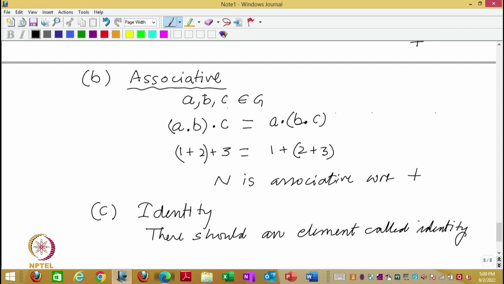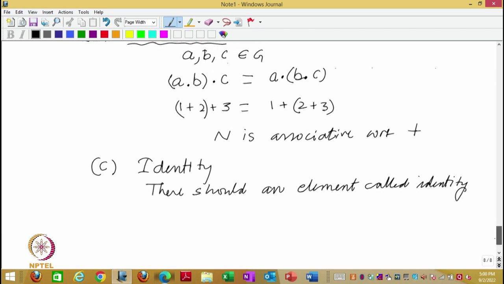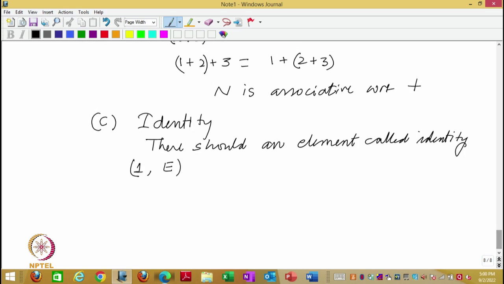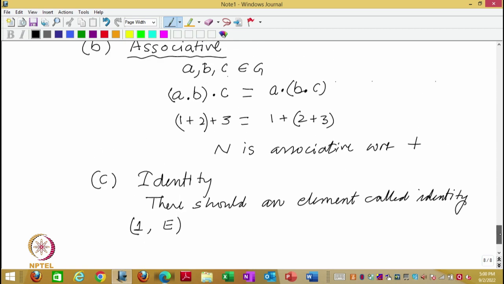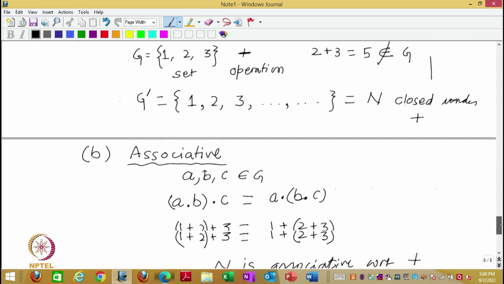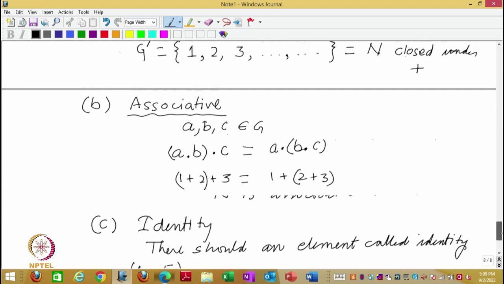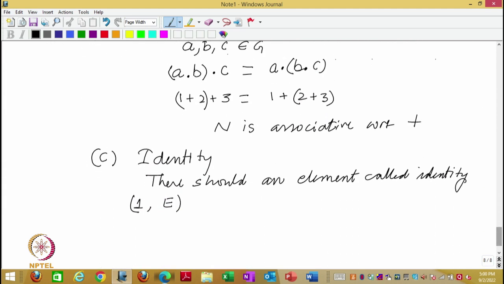Identity is represented by various symbols, often either by 1 or by E, because the normal way of looking at the binary operation is to call it multiplication, and in multiplication 1 acts like an identity.